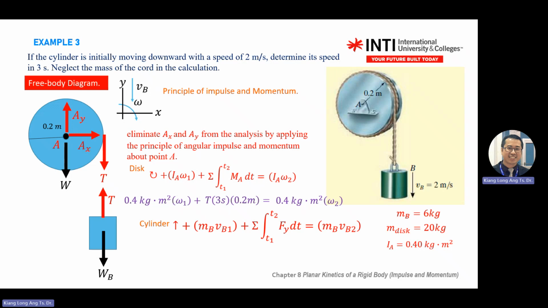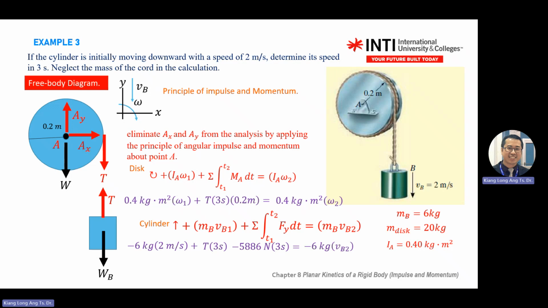Then you look at the cylinder. The cylinder is actually to find the tension. What is the tension value? So this is the linear momentum equation, because this one moves in a straight line.